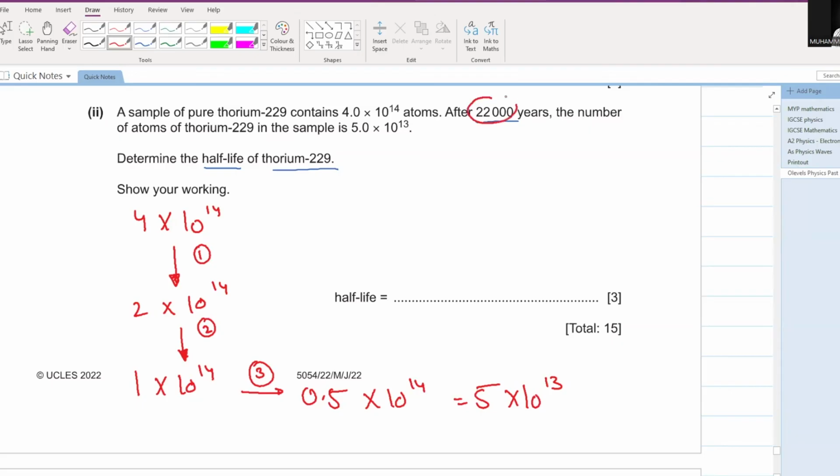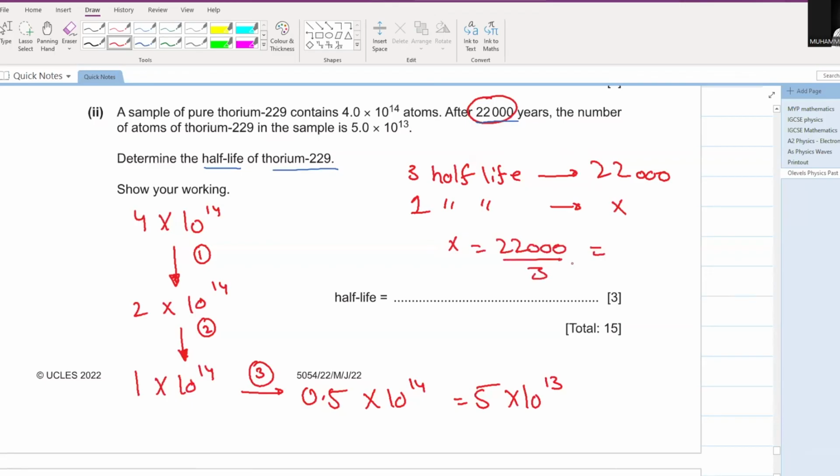Three half-lives are equal to 22,000 years. So one half-life equals x, where x is 22,000 divided by 3. Your answer of half-life comes out to be 7,300 years.